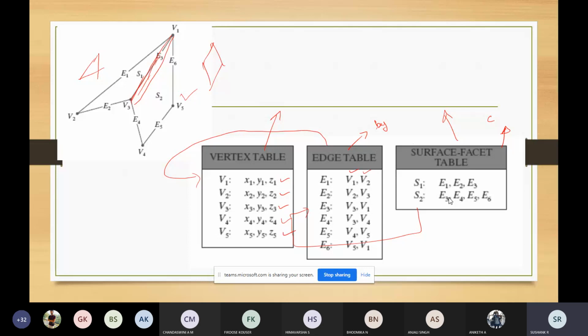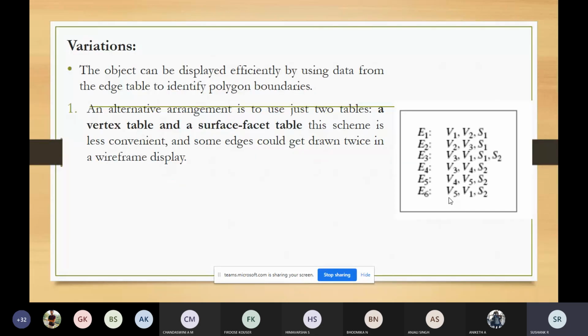So in order to improve that, there is one more method. You can see that this is the edge table, with edges E1, E2, E3, E4, E5, E6.